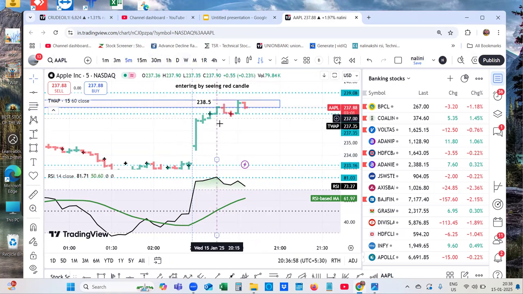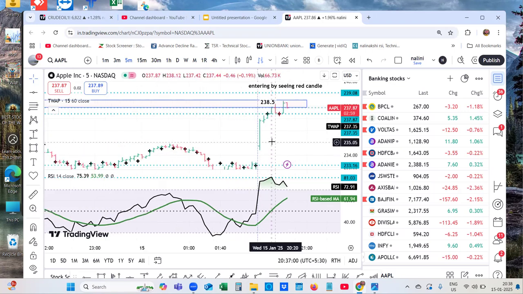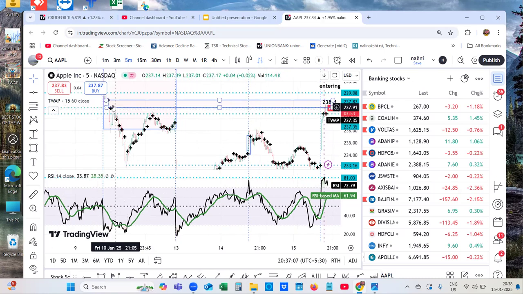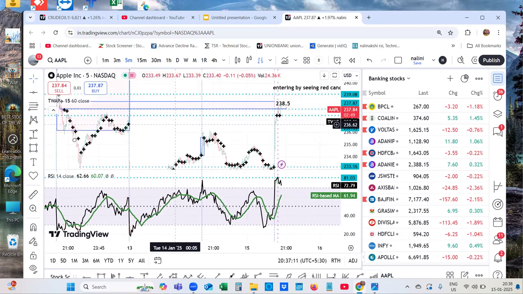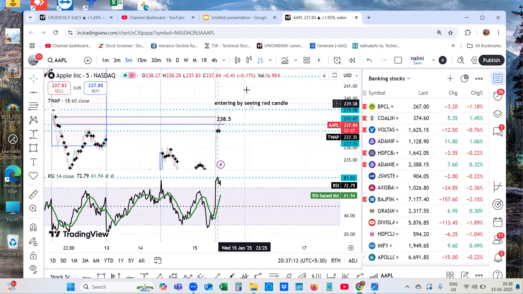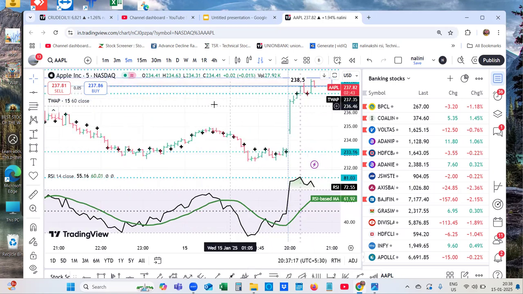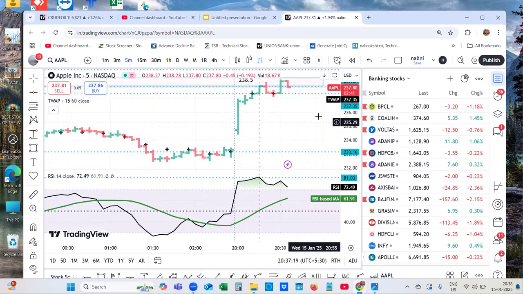So I've marked the resistance here by seeing the TWAP levels. This is the resistance, an area I've marked at around 238.5. Okay, I'm resetting it.